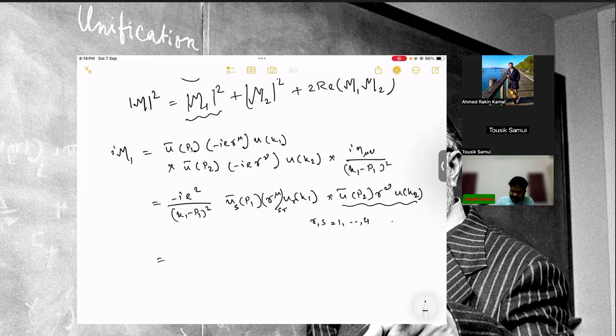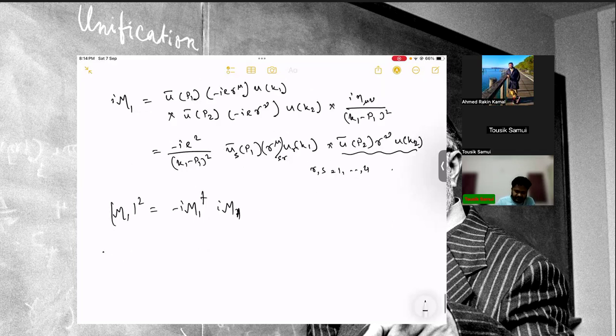Now this is fine, and in order to get the mod square of M1, I need iM1 dagger times iM1. So let me calculate iM1 dagger. It will be plus i squared over k1 minus p1 whole squared, and then the dagger of the first term, and then the dagger of this term.